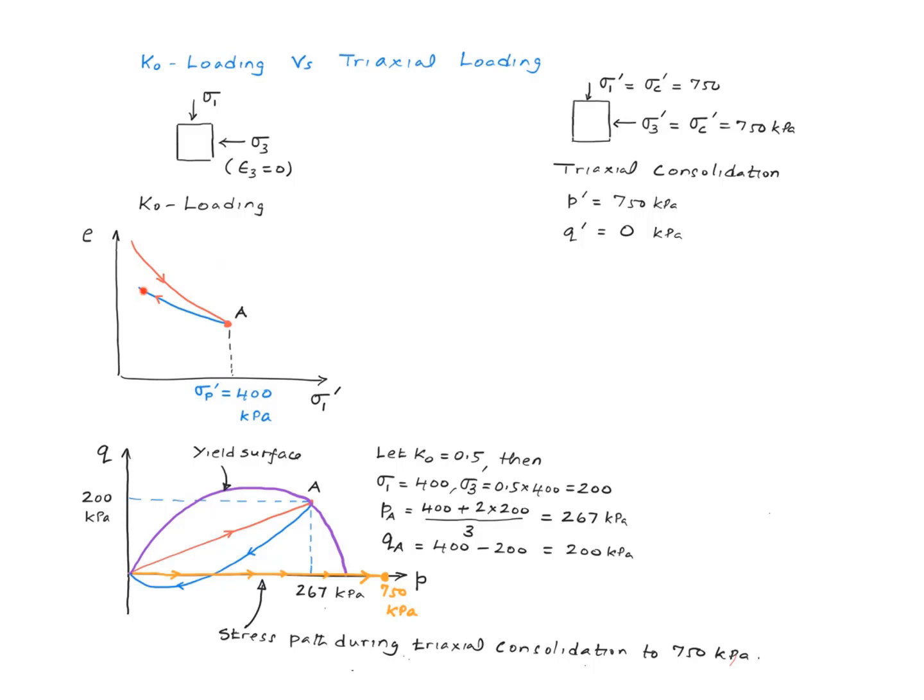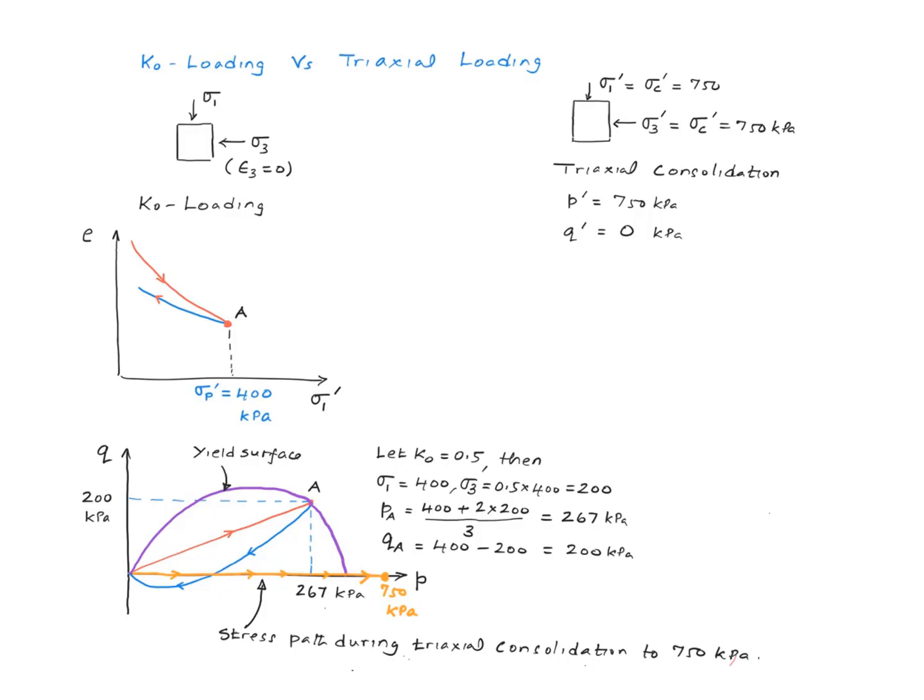In other words, you load it along this line, and so once it reaches point A, then it's going to switch to the virgin compression line and goes along that line, right? So that's when it becomes a normally consolidated specimen. So a similar effect happens over here. So once you go past this point, the soil becomes normally consolidated. So from here to here, it's over consolidated. From here to here, it is normally consolidated.